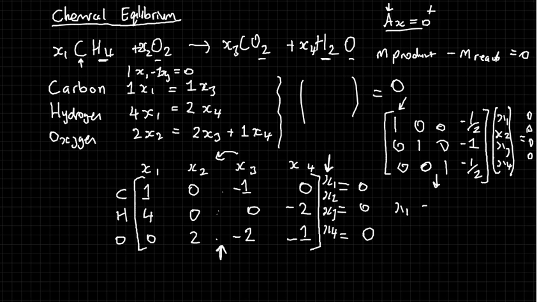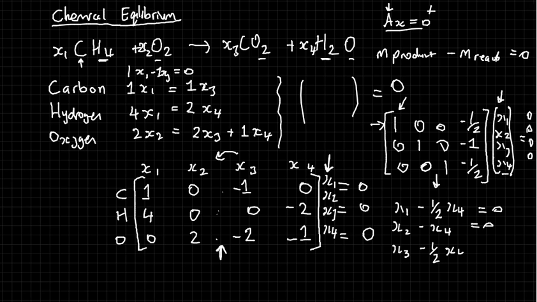Alright, so the next thing to do is to put this back into the algebraic form. So what we've got up here is x1 minus a half x4, because remember what we're doing is matrix multiplication, so we're taking the first row and multiplying it by the column, and so we've got 1 times x1 and negative 1 over 2 times x4, and so we can rearrange it to give us this.